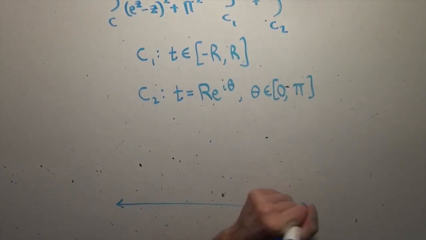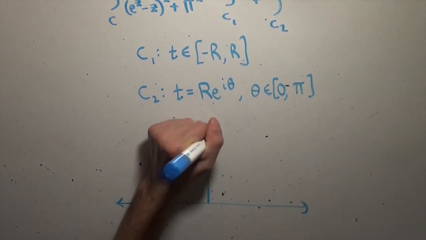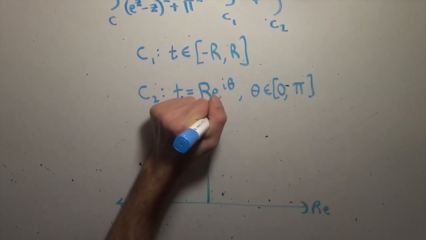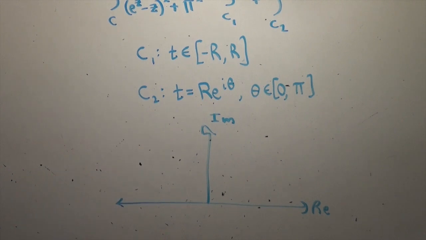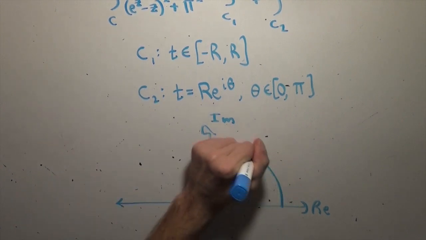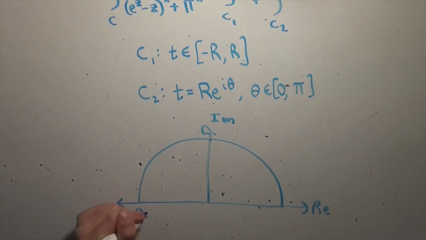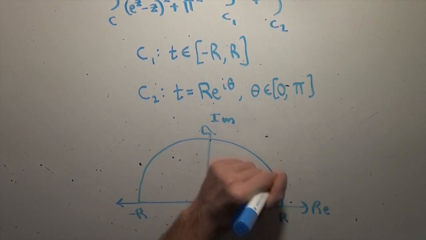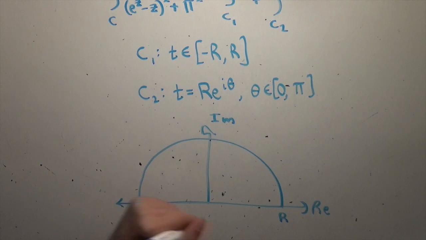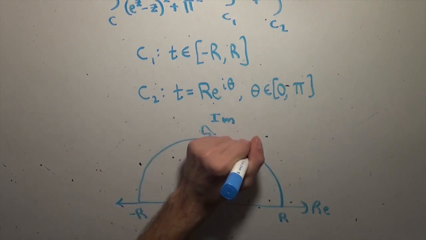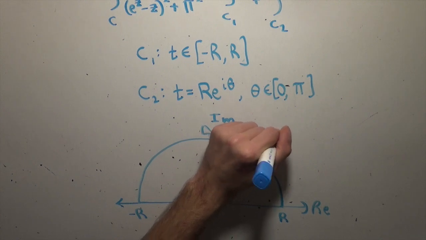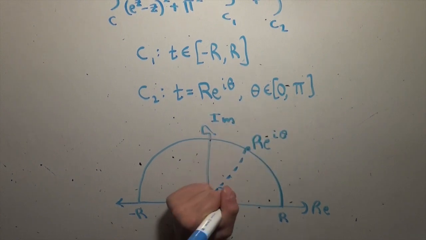so let's just draw the complex plane now. So here's the real axis and the imaginary axis. And essentially what we have is a line on the real axis from negative r to r, and then a semicircle with radius r in the upper half of the plane from that point all the way around. So you could think of this point here as r times e to the i theta, where this is theta, right?